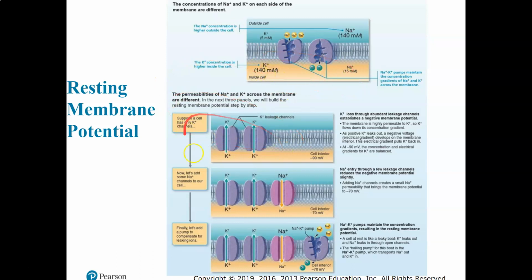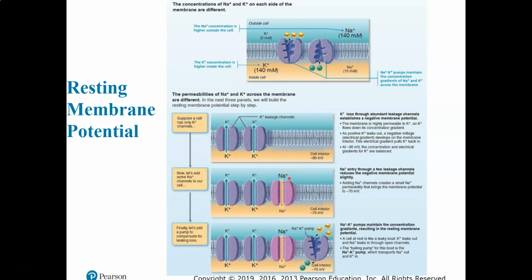If we just had potassium channels, potassium would leak out and we would have a resting membrane potential of about minus 90. We are also a little bit permeable to sodium, so some sodium comes in, and that brings down the resting membrane potential to about minus 70. Because remember, sodium moving in makes you less negative because sodium has a positive charge.